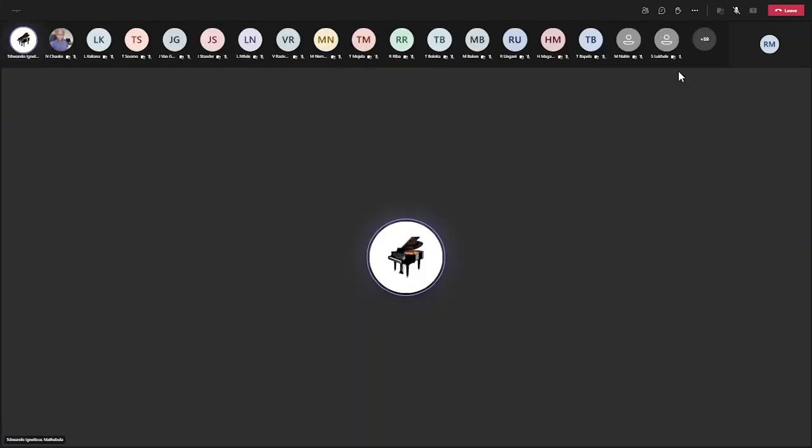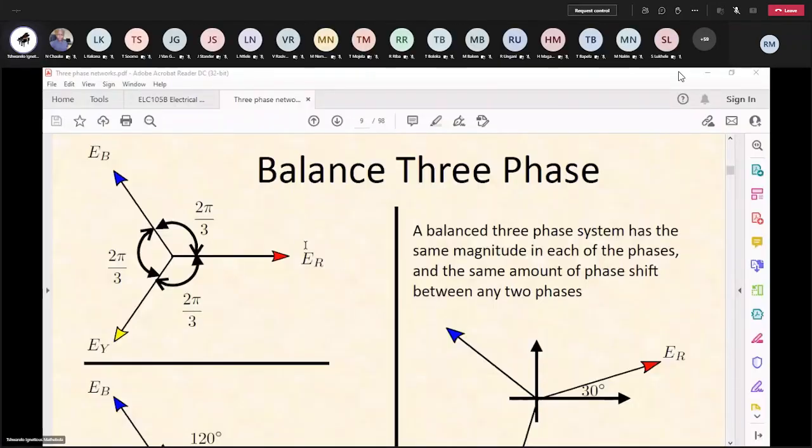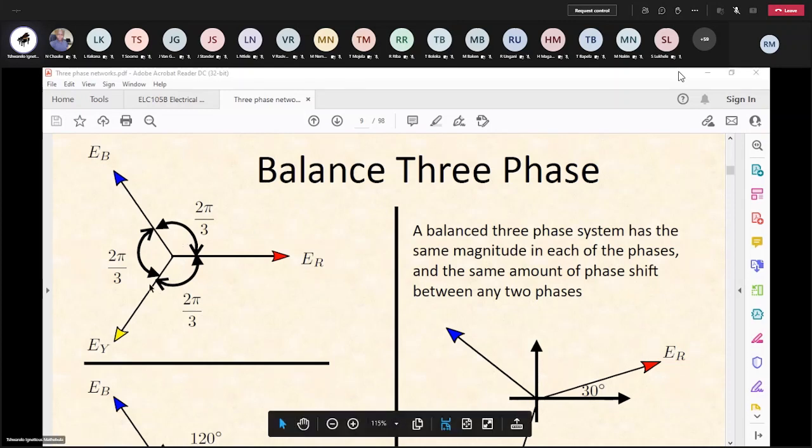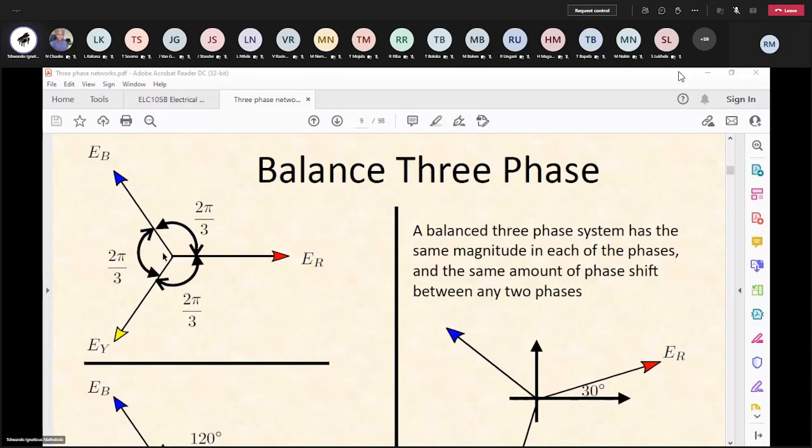So for an example, let's have a look at the red voltage. You see, if the red voltage is at 0 degrees, the yellow will be lagging at 120 degrees, and the blue will be leading by 120 degrees.